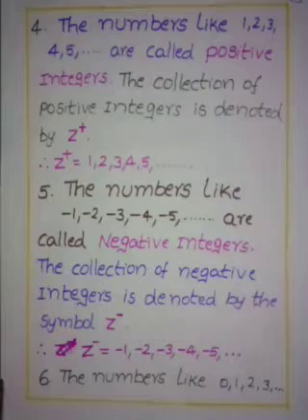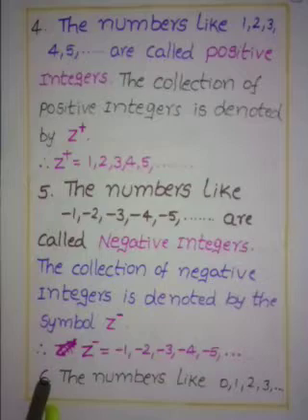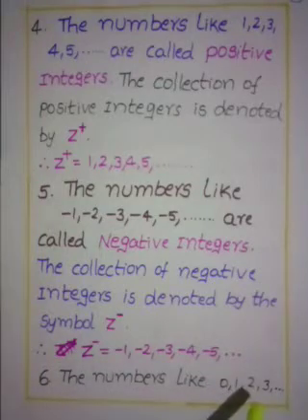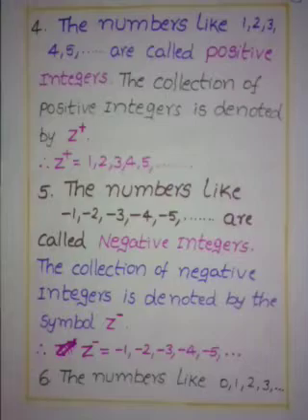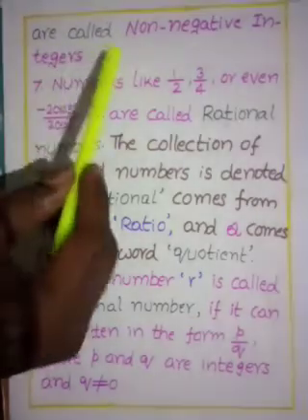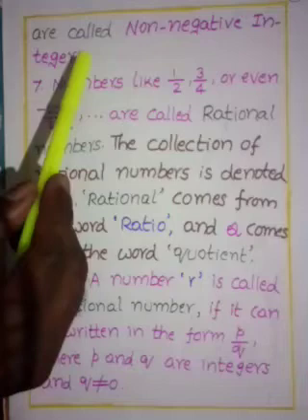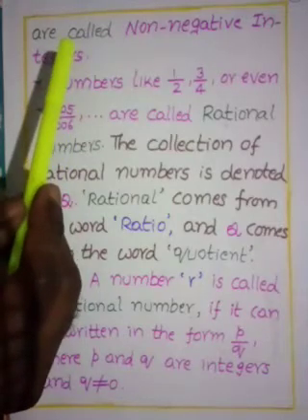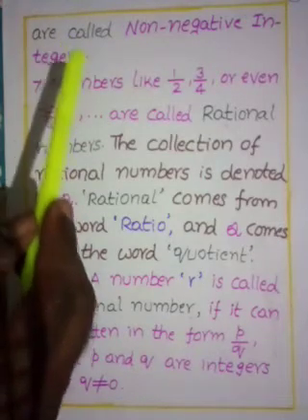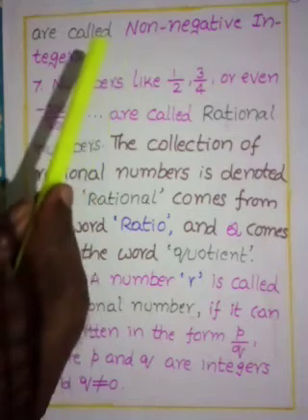Now come to the next system of numbers, that is the sixth part. The numbers like 0, 1, 2, 3, and so on are called non-negative integers. Okay, my dear children, these are called non-negative integers.